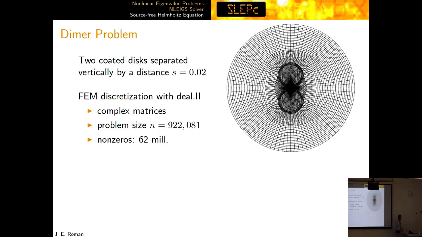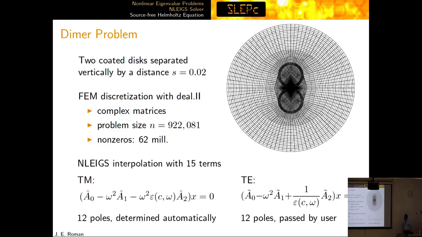And again, the equations. So for the NLEIGS interpolation, we need 15 terms, and these 15 terms come from the 12 poles in the permittivity plus the 3 polynomial terms here. So this is for the TM, and this is for the TE.